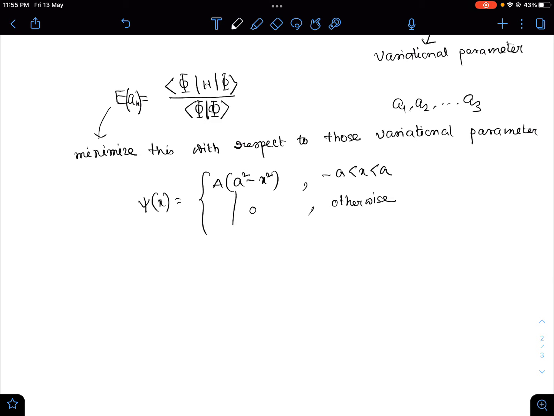Here a is the variational parameter, and A is the normalization constant, which we have to find by using normalization.